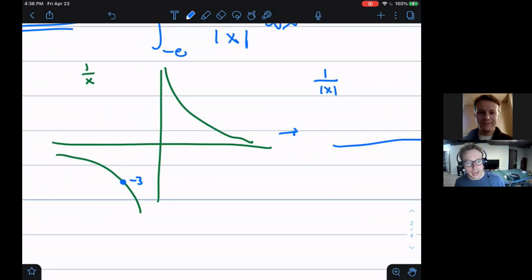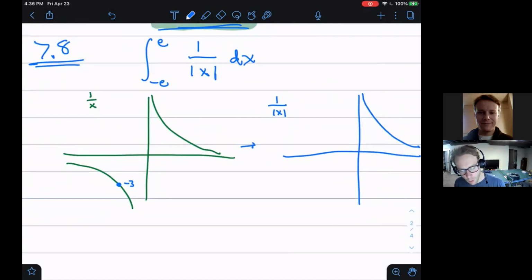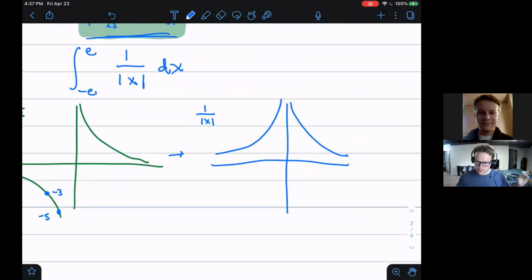And in that case, the absolute value is going to say, hold on a second, we're not allowing negatives here. We're going to take that -3 and make it +3, right? And so the more negative you get, maybe this is like -5 or so, it's going to turn it into a +5. So it actually gets higher and higher and higher, and you get something like this. So you almost get sort of this volcano looking thing. So that's what our 1 over the absolute value of x looks like.